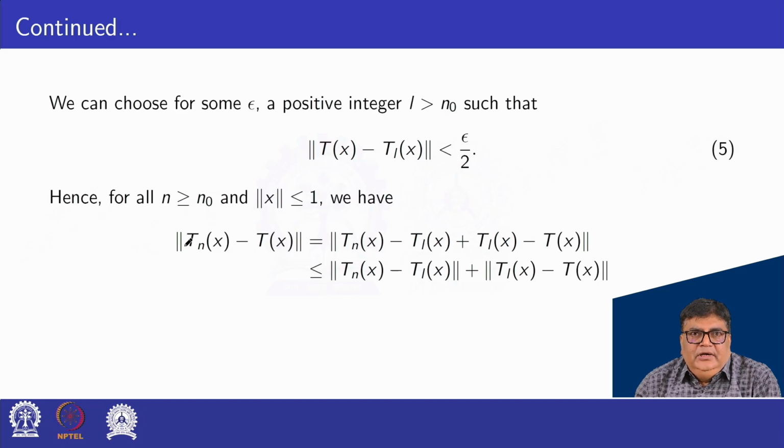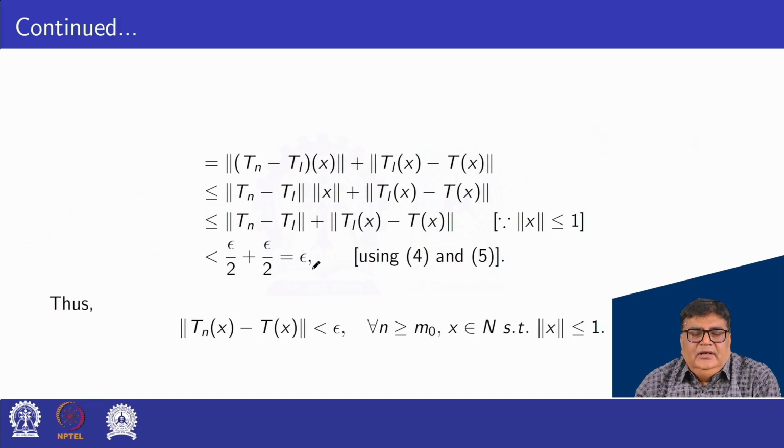So here ‖Tnx − Tx‖ < epsilon for all n ≥ m0, for all x belonging to N such that ‖x‖ ≤ 1.